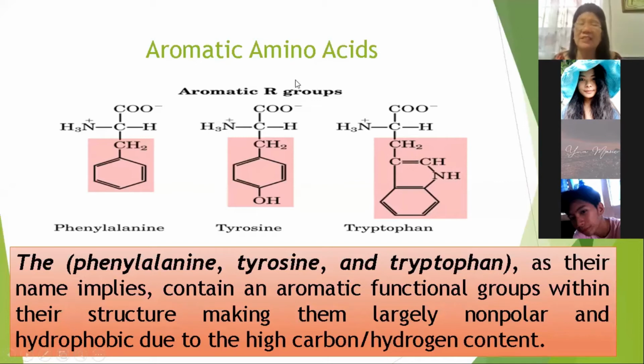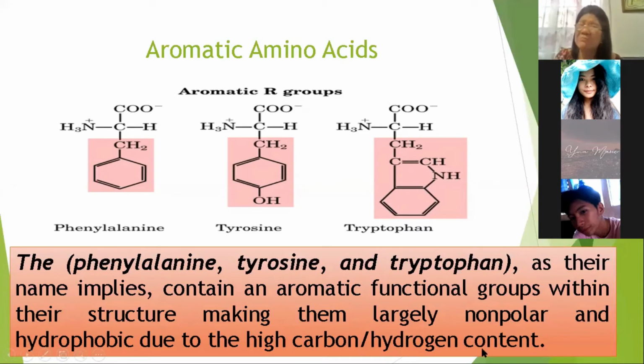What makes it aromatic amino acid? Because of the presence of the benzene. This one. Benzene ring. Kani. Okay. So, functional group structure making them largely non-polar gyapon sila, no? And hydrophobic due to high carbon hydrogen content.